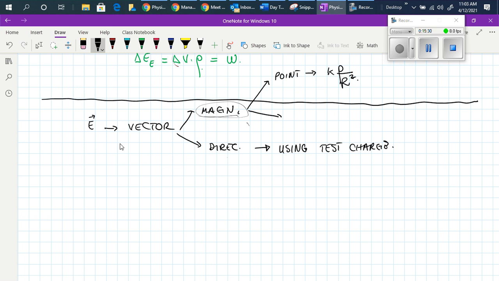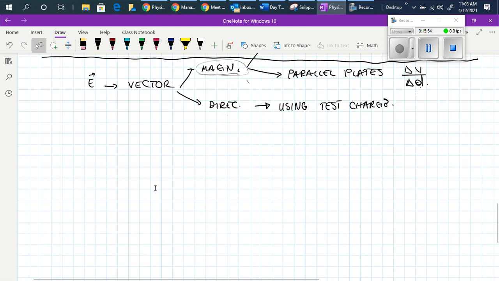And when we have parallel plates, it is calculated as delta V over delta d, where delta V is the change of the voltage and delta d is the distance between the two plates in meters.